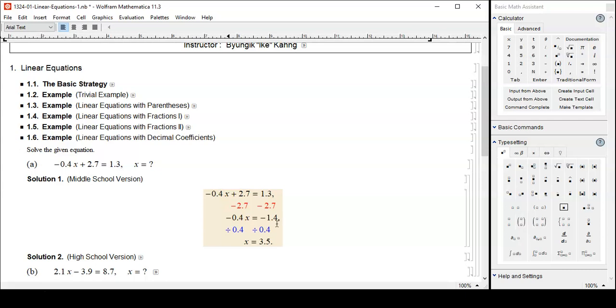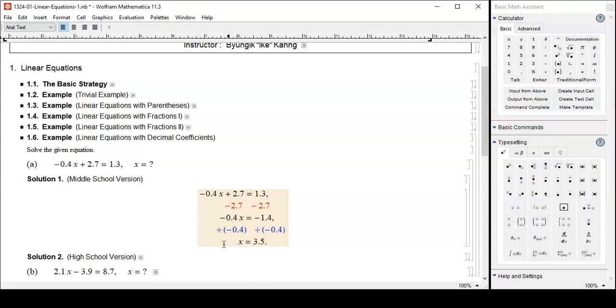Now from here, divide each by 0.4. Actually, excuse me. I have to divide each by negative 0.4. Okay, so negative 0.4 divided by negative 0.4, so we are just positive x.